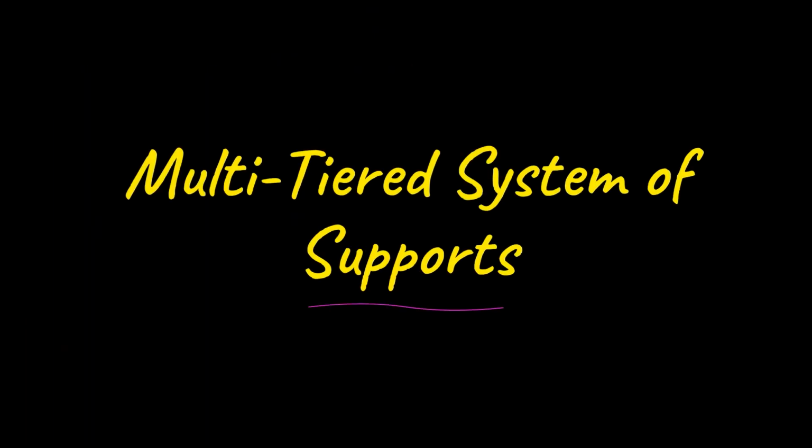The multi-tiered system of supports is an evidence-based framework that integrates academic, behavioral, social, and emotional supports under one structure. It grew from earlier models like response to intervention and positive behavioral interventions and supports, combining both into a single school-wide approach.